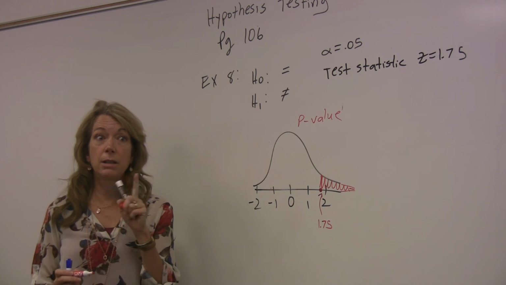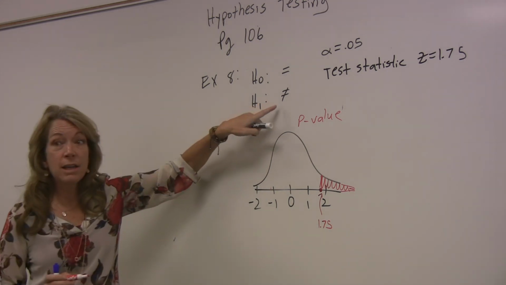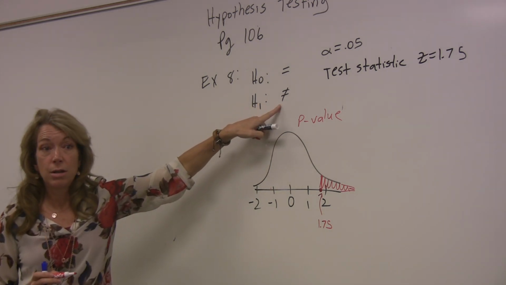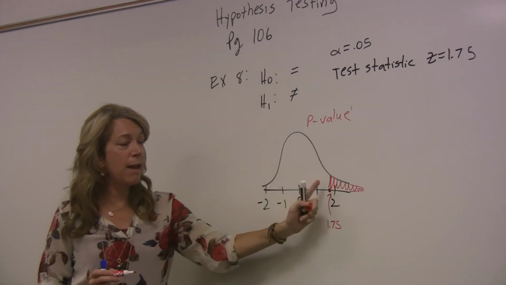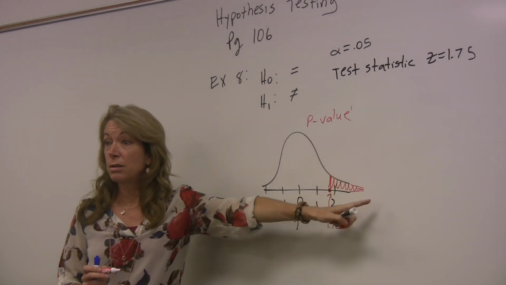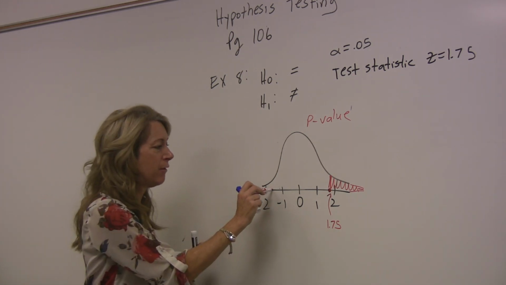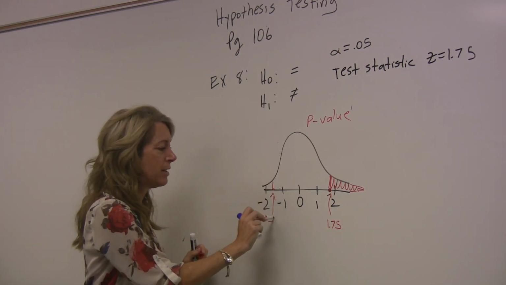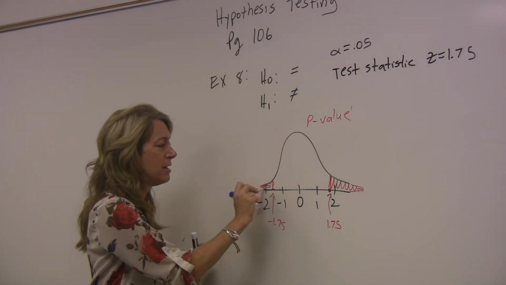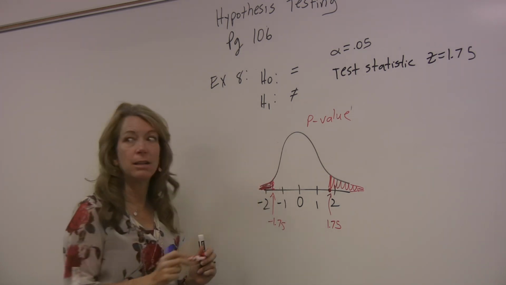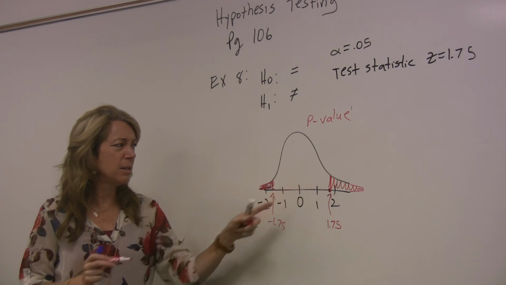There's a big but there. If it's a not equal to, I could either be that far away on the right, or I could also be on the left. I actually have to consider, what if I'm over here at negative 1.75, and I happen to have the same tail on this side?